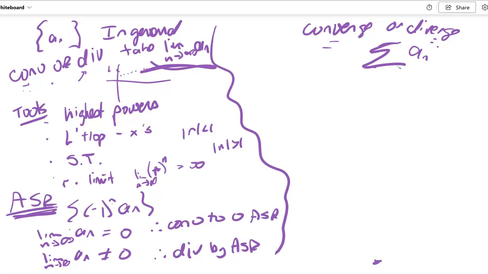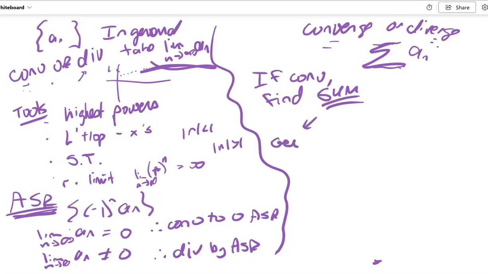Okay, so if it says converge or diverge, and if it says if convergent, find the sum, then you have two options. You would have a geometric sum, or you're going to have a telescoping sum. And pretty soon we're not even going to have those words find the sum.